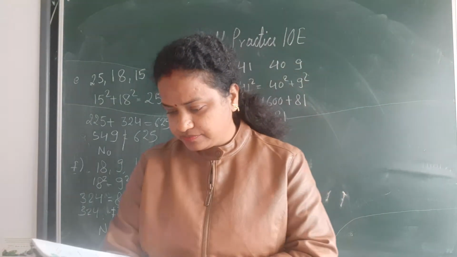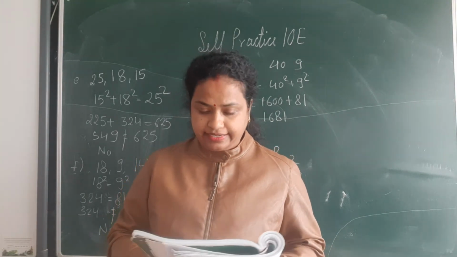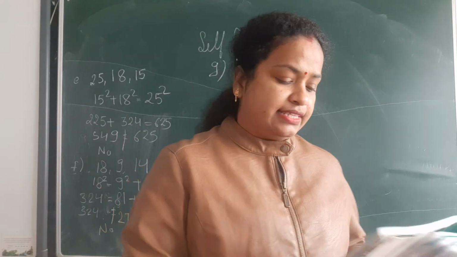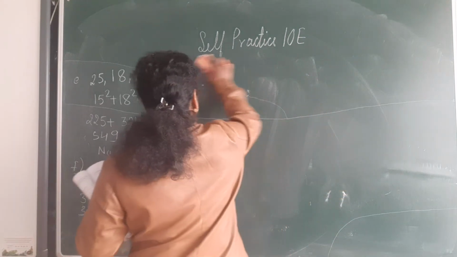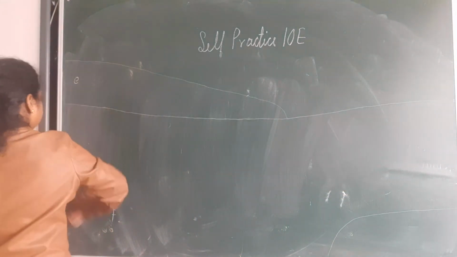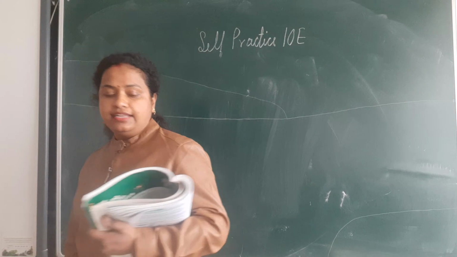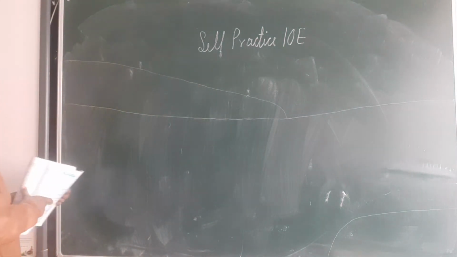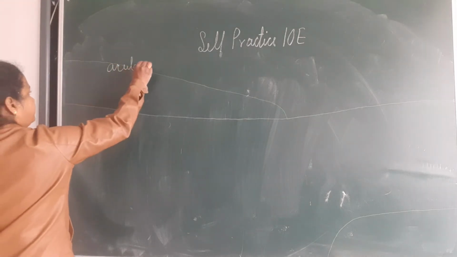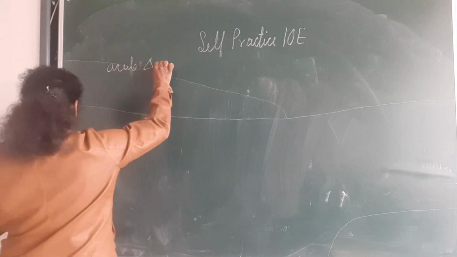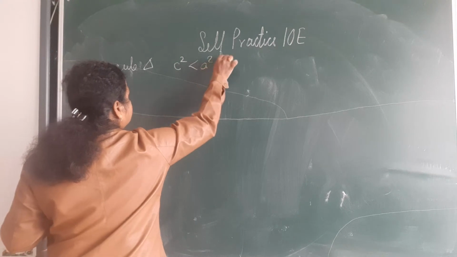Okay students, now classify the triangle as acute, obtuse or right angle triangle. Measures of all sides of a triangle are in the same unit. First I am writing the condition for an acute triangle: c square should be less than a square plus b square.